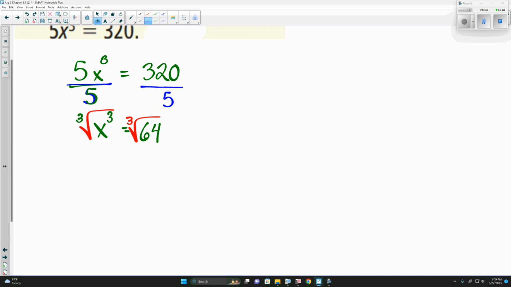The cube root of x to the 3rd will cancel, telling us x is equal to 4. Now, since we're taking an odd root, not an even root, we only have one answer.